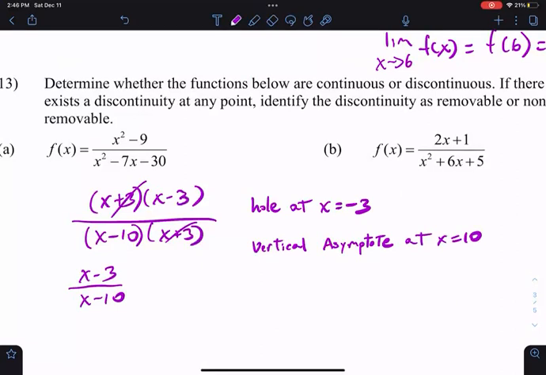And for the horizontal asymptote, just remember from the rational functions that since the degree of the numerator is the same as the degree of the denominator, you just take the ratio of the leading coefficients and you get 1, right? So that means that the horizontal asymptote is at y equals 1, right?